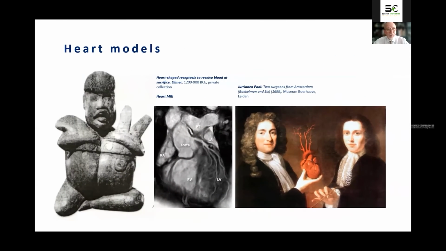Heart models have a long history, starting almost 5,000 years ago, as you can see with this Olmec little statue. And only in the 20th century did we have function and structure combined together in MRI and in other very modern modalities like 3D echocardiography.